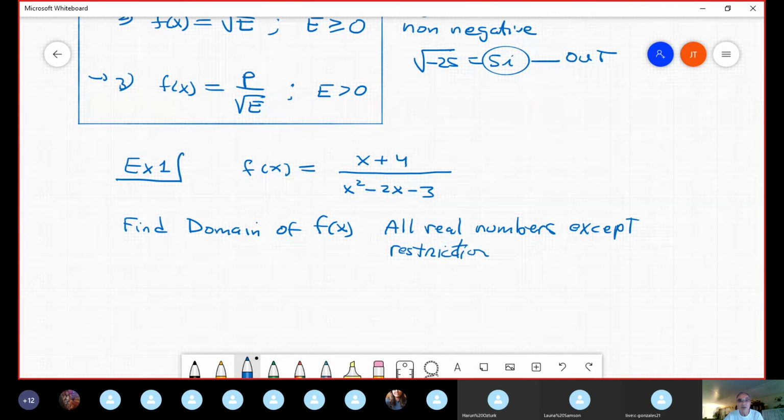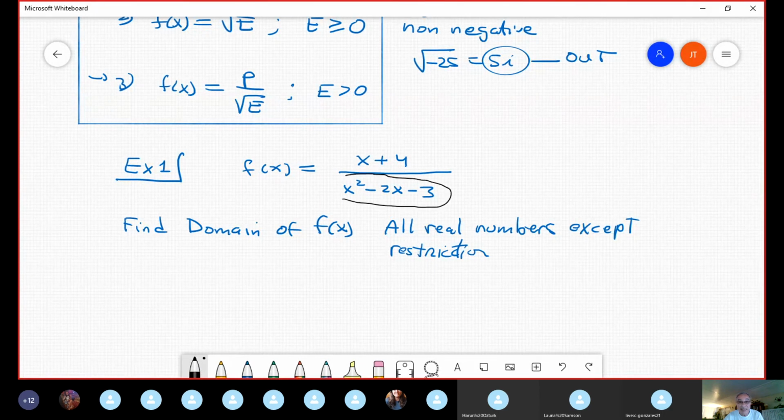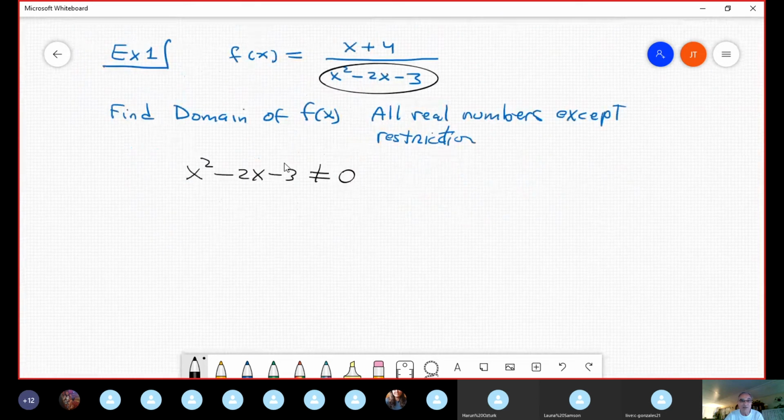And the restriction, in this case, you find using the expression in the denominator, because it's totally illegal for this expression to be zero. So you write it like that: not zero, illegal. Satisfy this condition. You solve this inequality, and the solution for this inequality is the domain of our function.